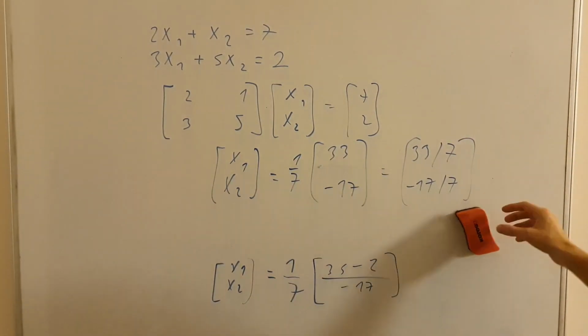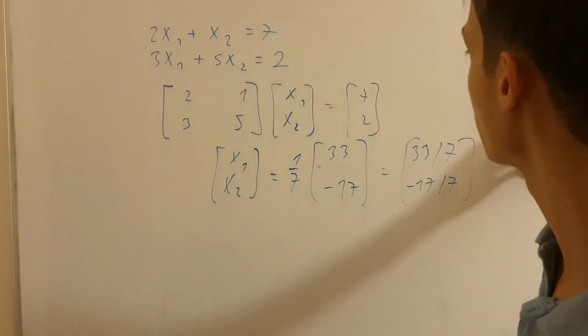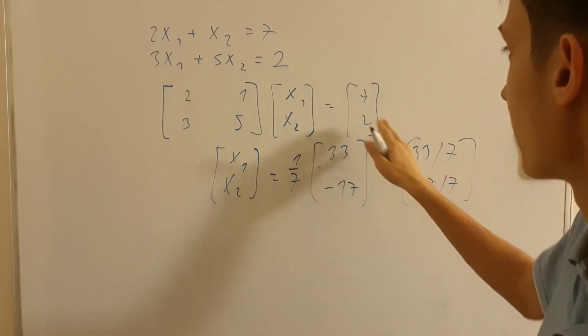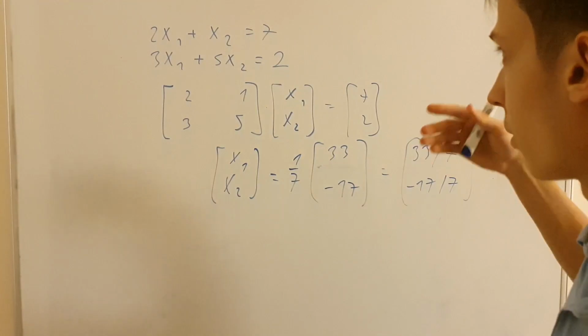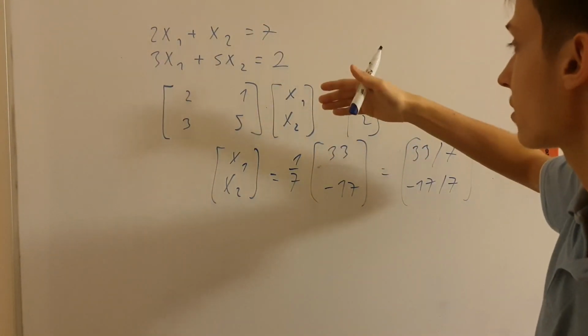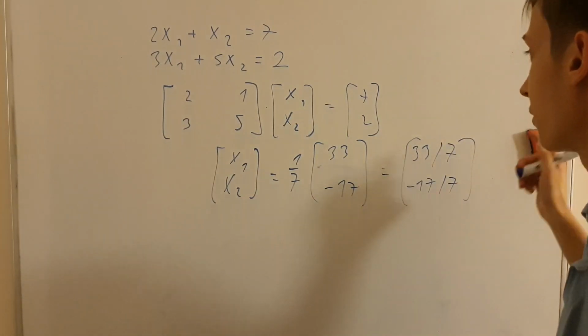And now it can be tested by plugging it back into the original equation. And what the original equation said is that this vector is the x1, x2, that's the result. So what this basically says is that for this linear system, the x1 that satisfies is 33/7, and the x2 that satisfies is minus 17/7.